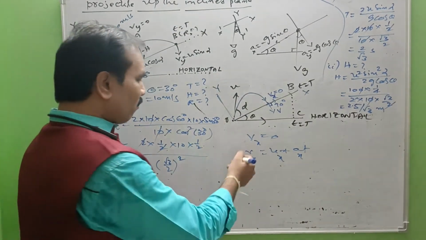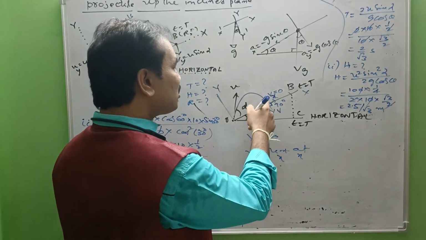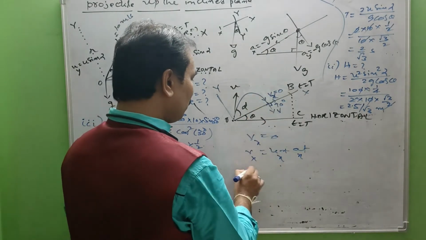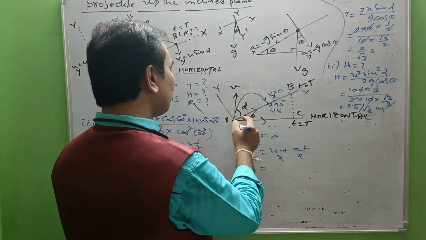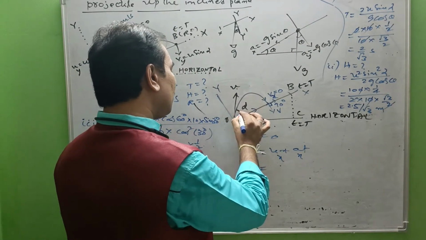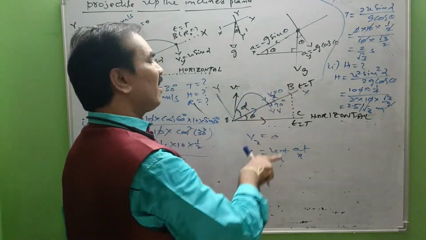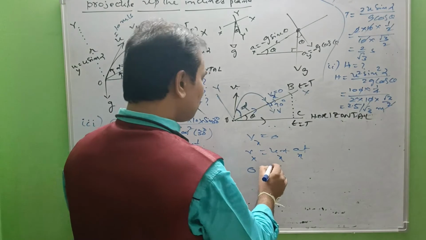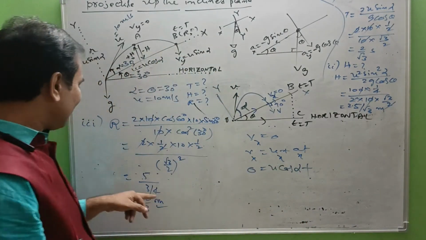Now what is the final velocity with which it strikes along x? It is 0. And what is ux here? It is u cos alpha. Naturally this is u, here the angle is alpha, so this vector has component u cos alpha along the x-axis. So ux means u cos alpha, plus ax. What is ax?